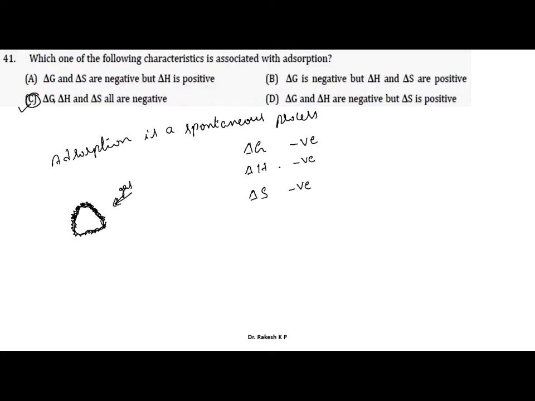Okay, next question: for which of these reactions will delta S be positive? Okay, just identify this one here. See this one, from reactant to product. We have to identify the movement. The movement will be more in the case of a gas compared to a liquid, hence delta S becomes negative.